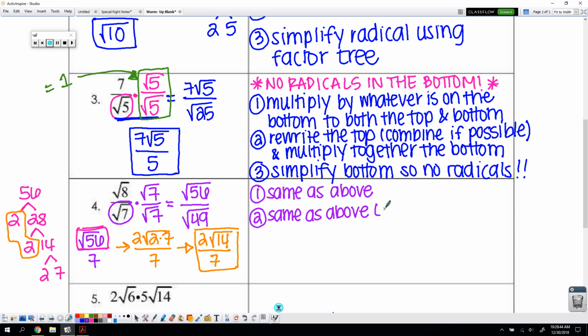However, this time we combine. Or we multiplied. Because we could, they were both inside. Step 3 is to simplify the bottom exactly as before.